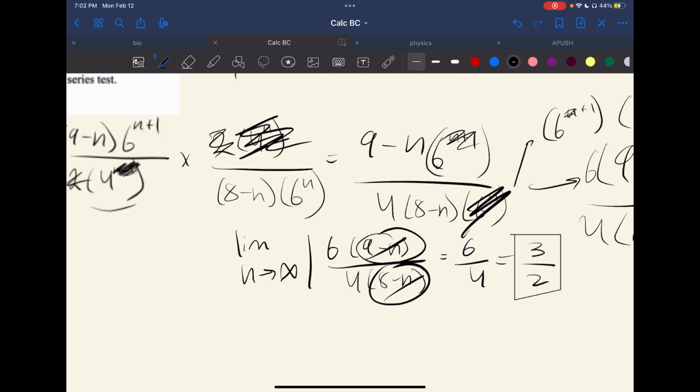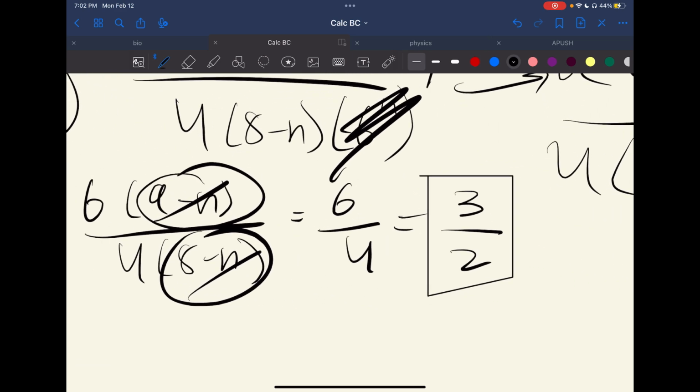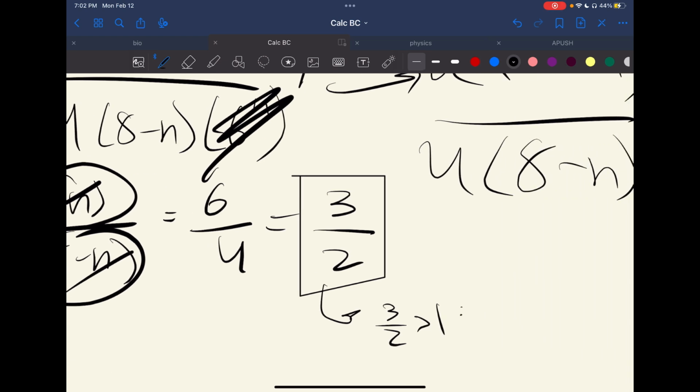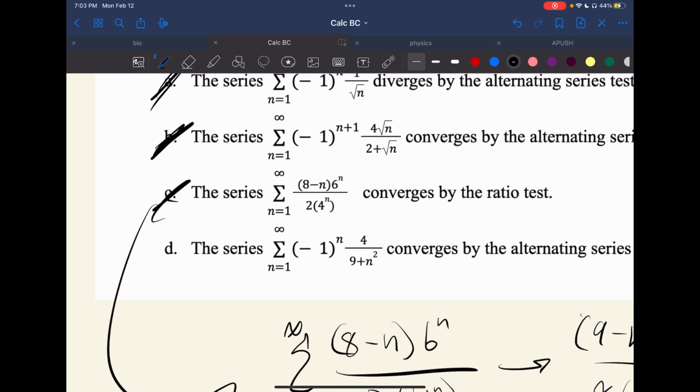The ratio test asks that what you get here has to be less than 1, and 3 over 2 is going to be greater than 1. So it'll diverge. For the ratio test, you would have to have less than 1 in order for it to converge. So we know that C is wrong.